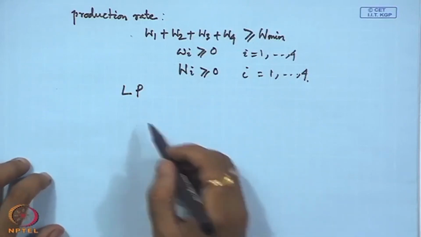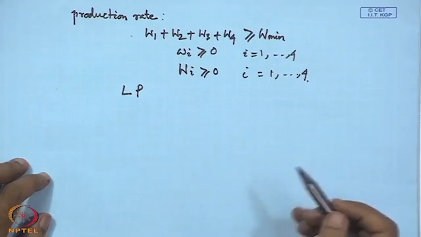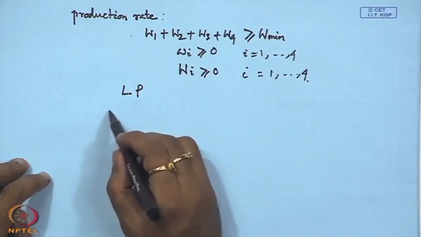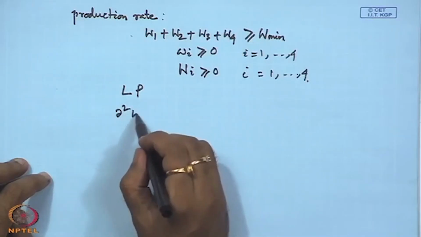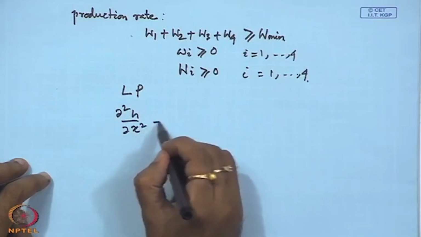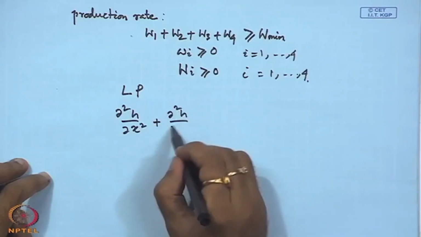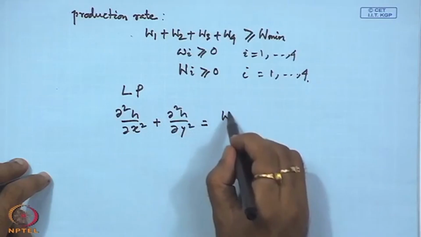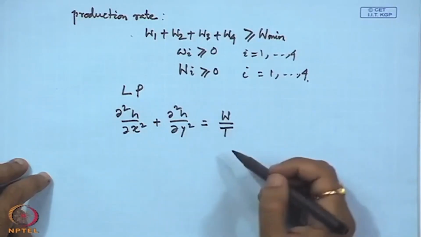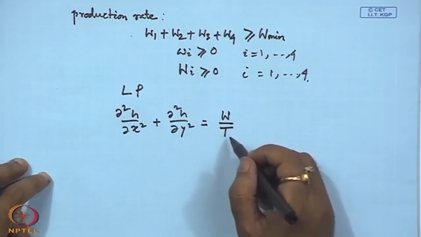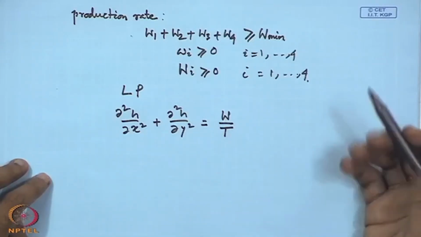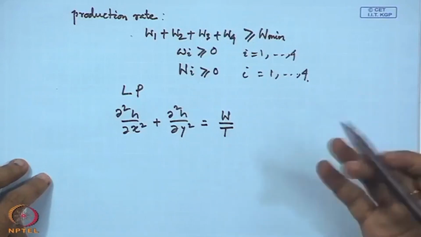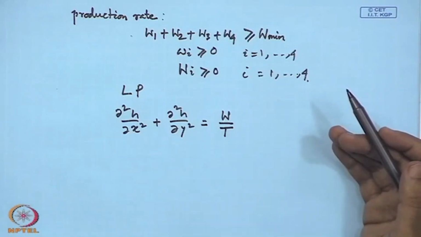So, for any steady state homogeneous confined aquifer system, the equation can be written as this. This T has a single value because we are considering constant hydraulic conductivity over the two dimensional aquifer.